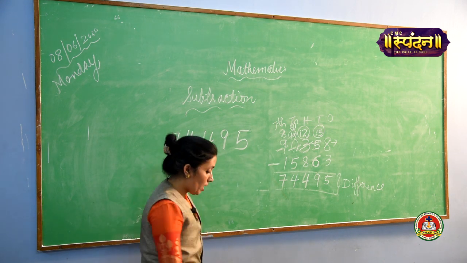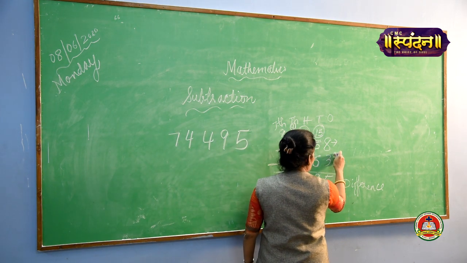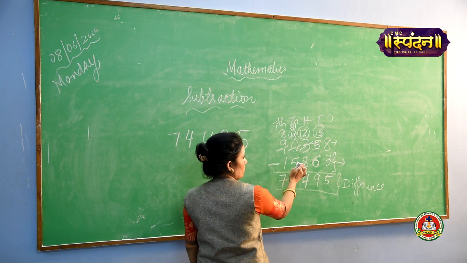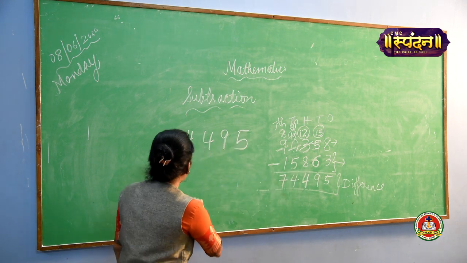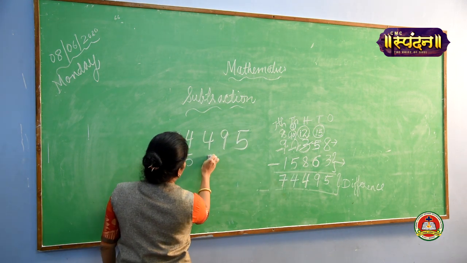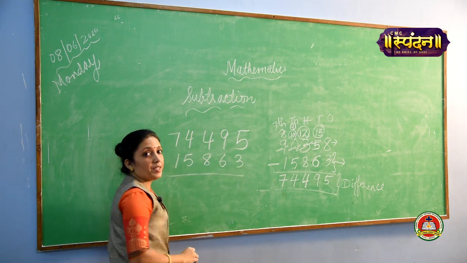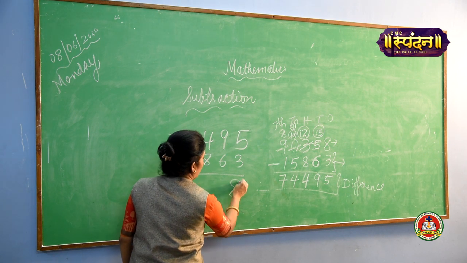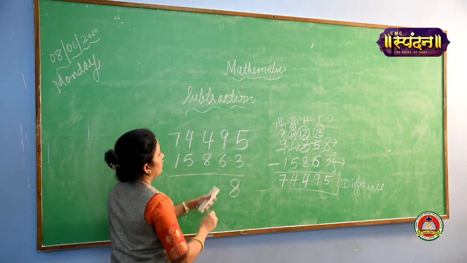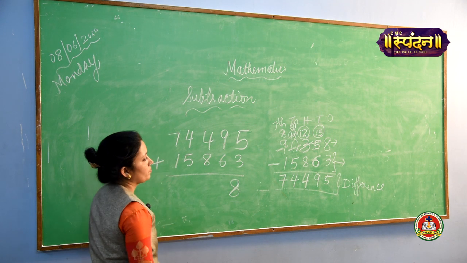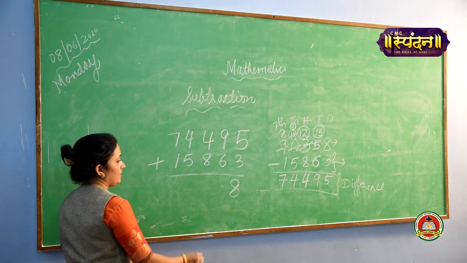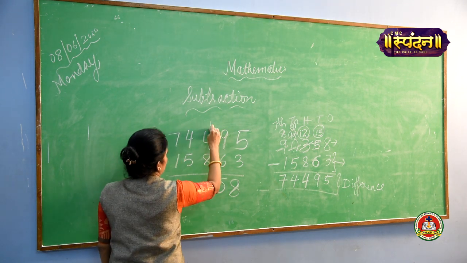And what is my subtrahend? This is your subtrahend, your smaller number: 1, 5, 8, 6, 3. Yes. 5 plus 3 is 8. 9 plus 6, yes, 15.